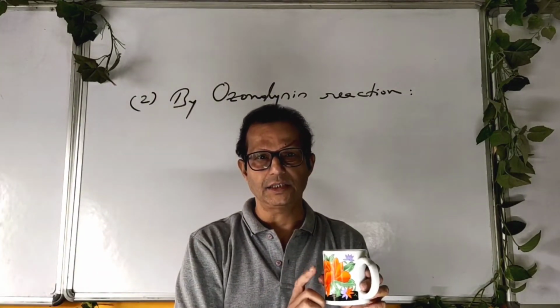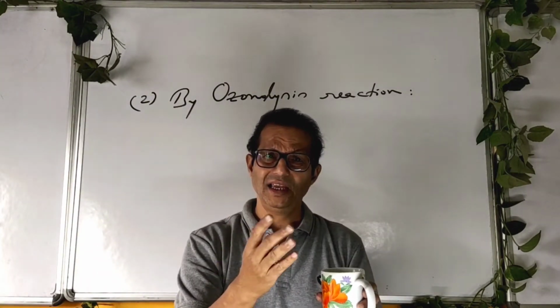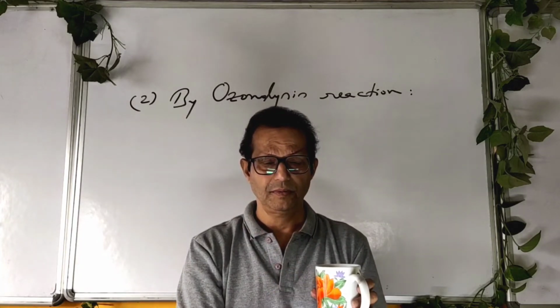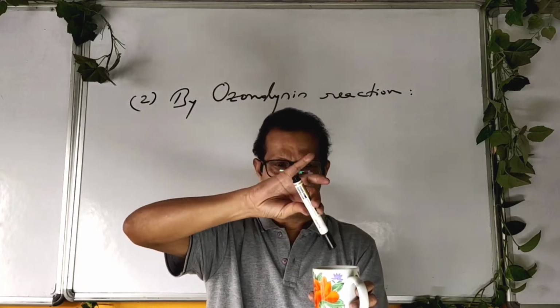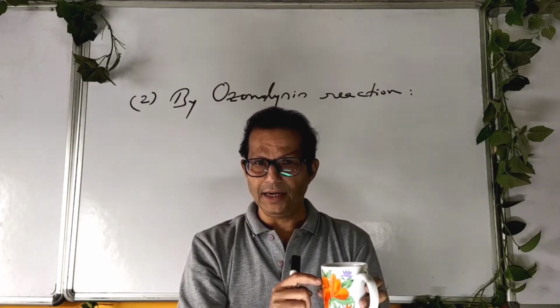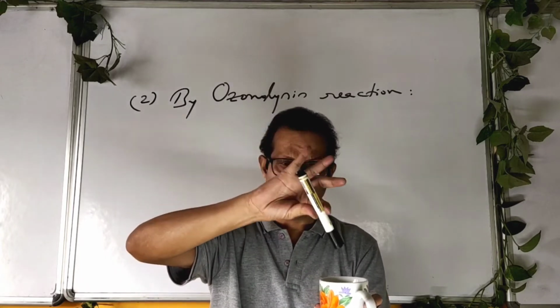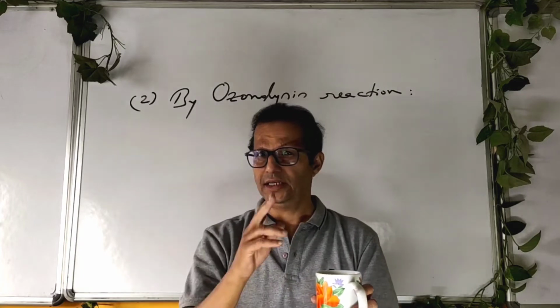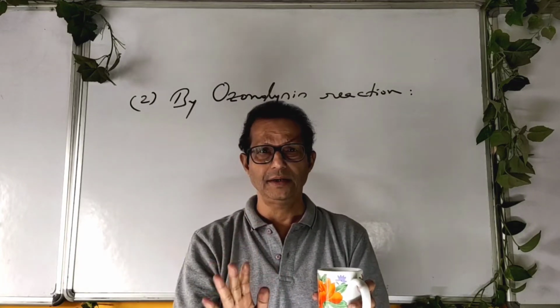Take any alkene, say ethene, CH2=CH2, and add a small amount of ozone. Alkene is the reactant, ozone is the reagent. Ozone acts as an oxidizing agent in chemistry, remember it.